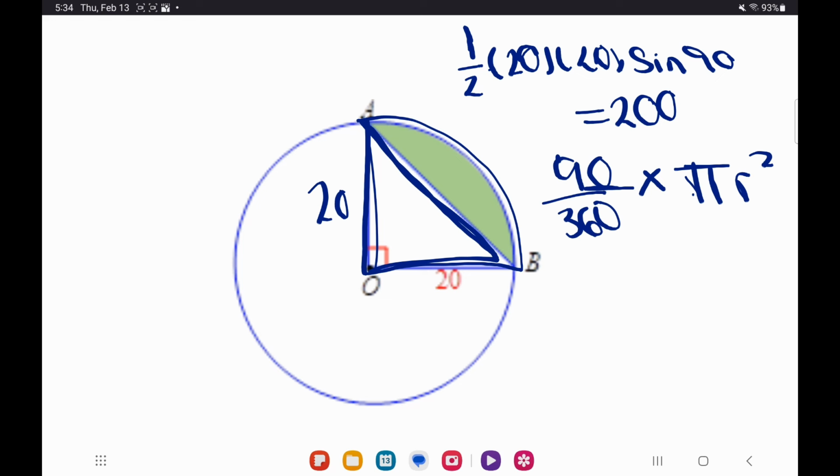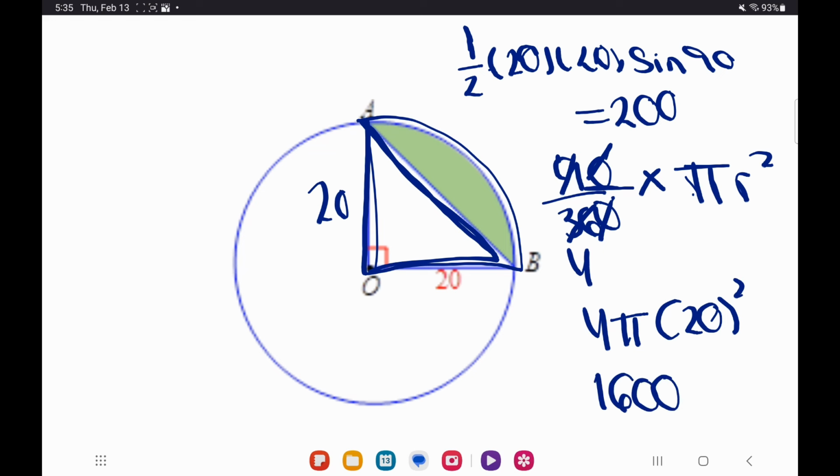We cancel the zeros first, and the 9 with the 36 becomes 1 over 4. So 1/4 pi 20 squared. Let's do that on the calculator.